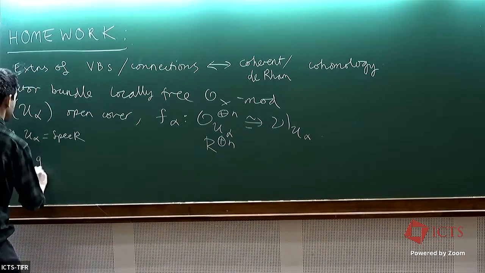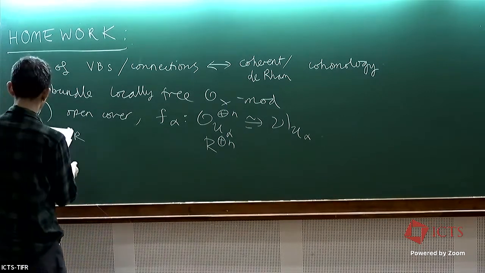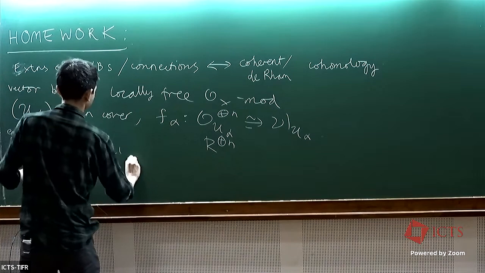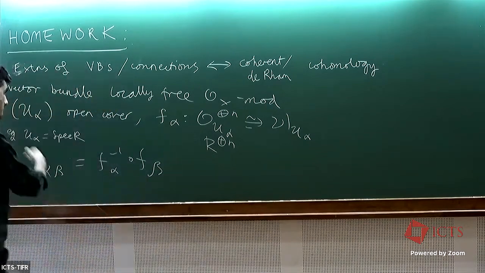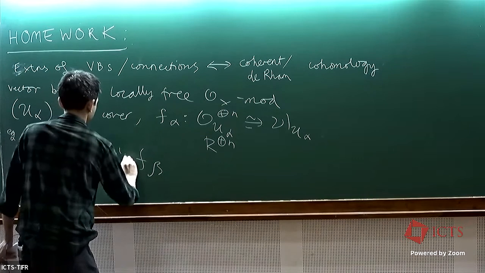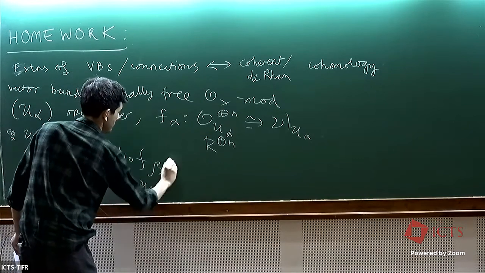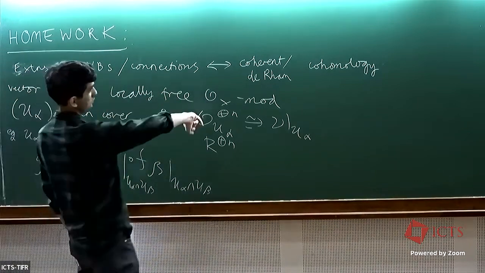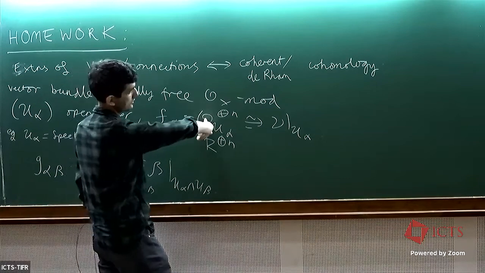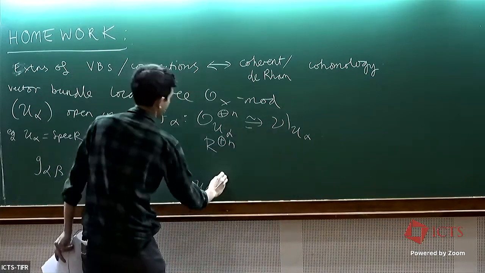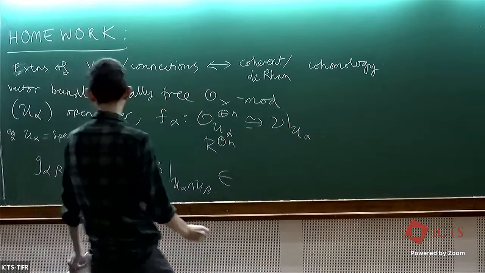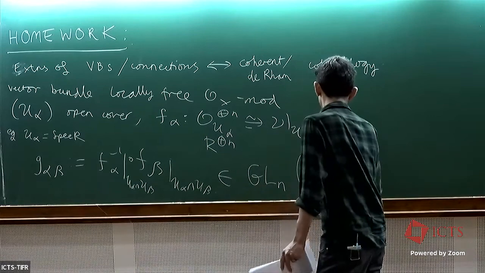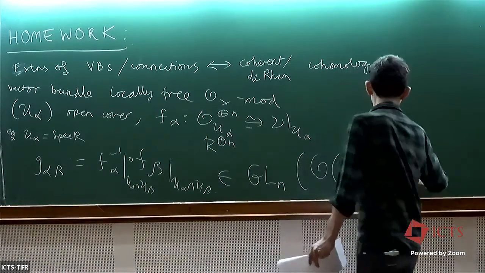So we could define g_alpha beta to be what we get when we take this, restricted to U_alpha intersect U_beta. This is an isomorphism from a constant vector bundle to V, and then back the other way. So it's actually an automorphism of the constant vector bundle, which is the same as an element of GL_n of O of U_alpha intersect U_beta.